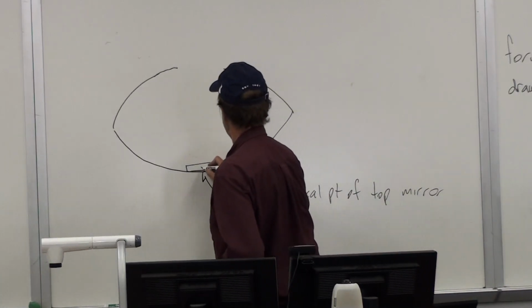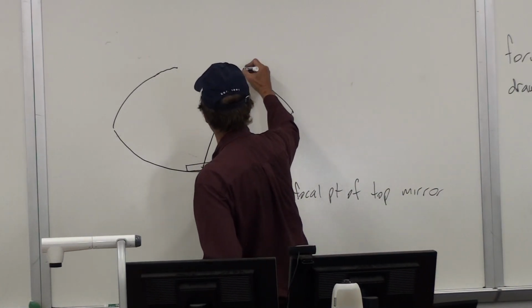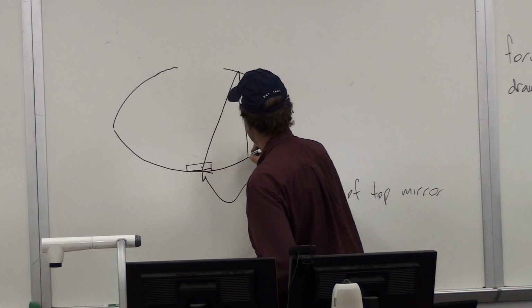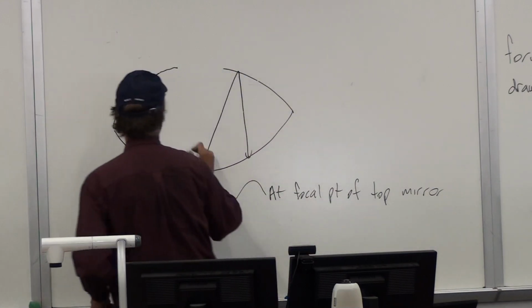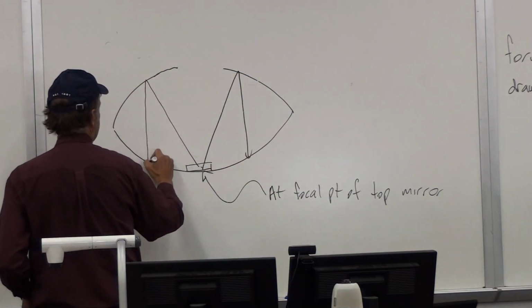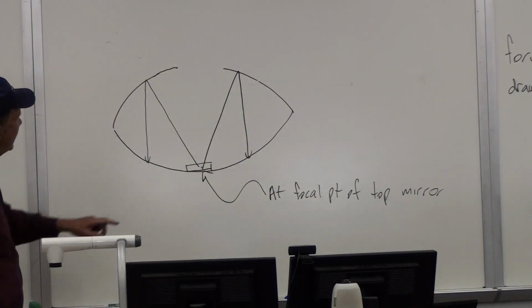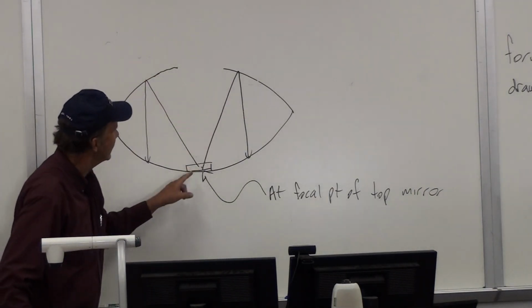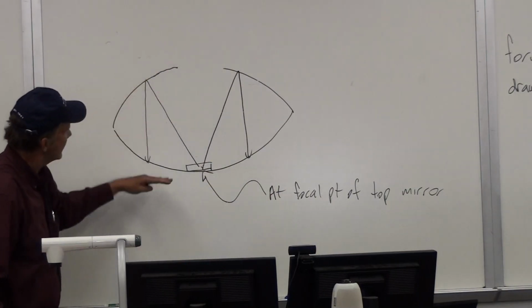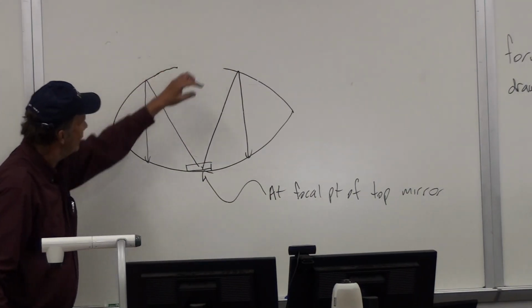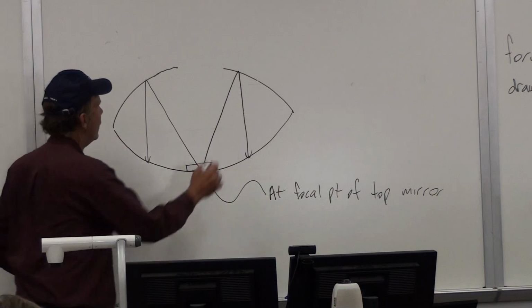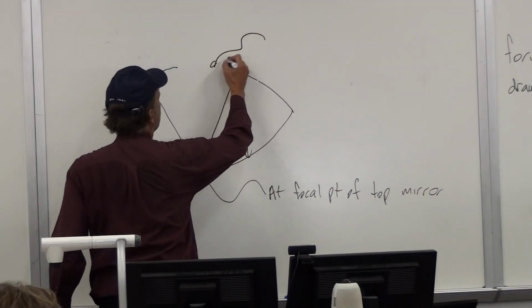That means when it bounces off, it's going to come down in parallel directed beams, just like a headlight. This would be your headlight, and this would be your parallel directed beams, but there's a hole in the middle. So now the hole is at the focal point of the bottom mirror.